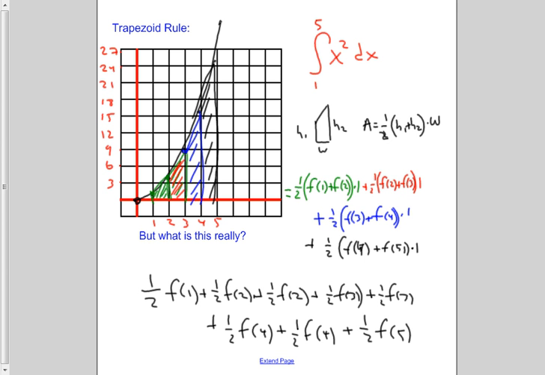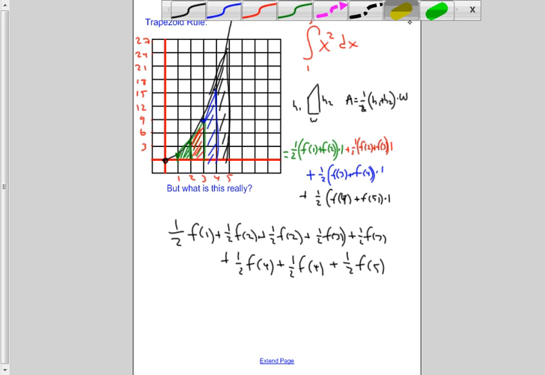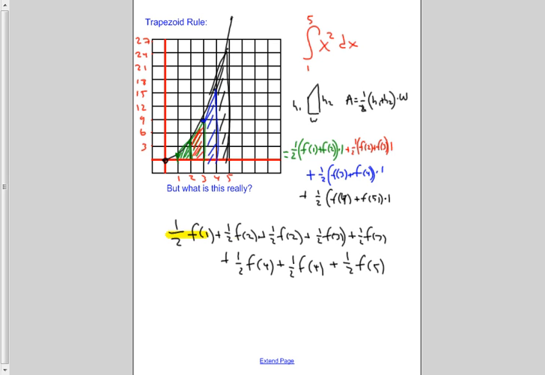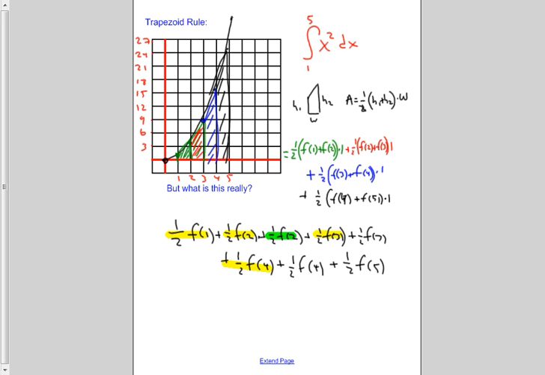Okay, so now what we can do is we can say, well, if we were to rearrange this, I'm going to highlight all the things that I'm going to put to the left. So 1, 2, 3, 4. I'm going to move all those to the left, and I'm going to move the following to the right. 1, 2, 3, 4.